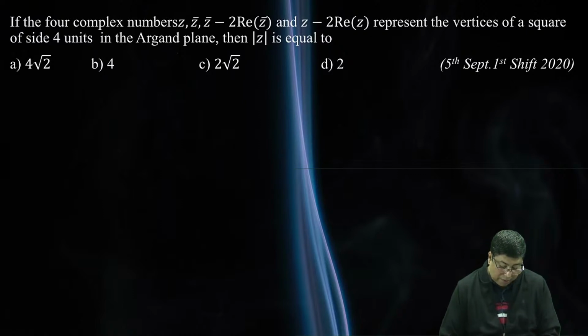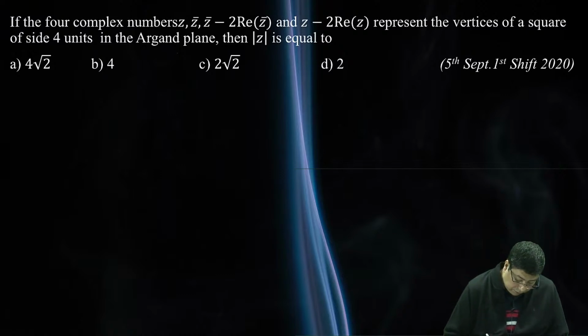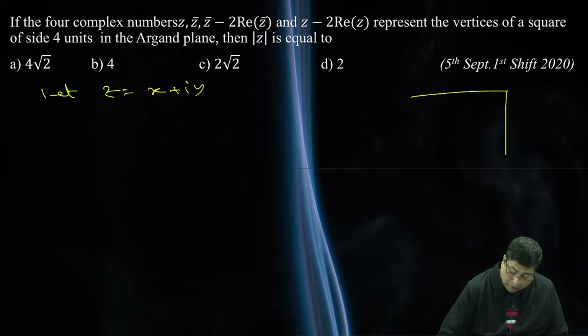If the 4 complex numbers z, z bar, z bar minus 2 into real z bar, z minus 2 into real z represent the vertices of a square of sides 4 unit, then find mod z. How to solve this sum? Same as this, let z equal to x comma y, that is x plus i y.